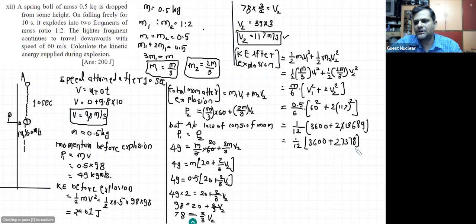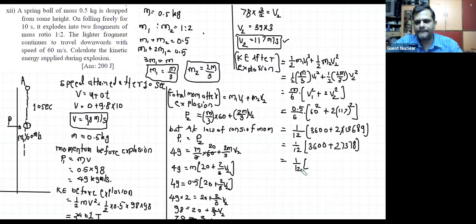Okay, so this is the value, and if you just add these two, again you can just use the calculator and add these two. 3600 plus 27378.